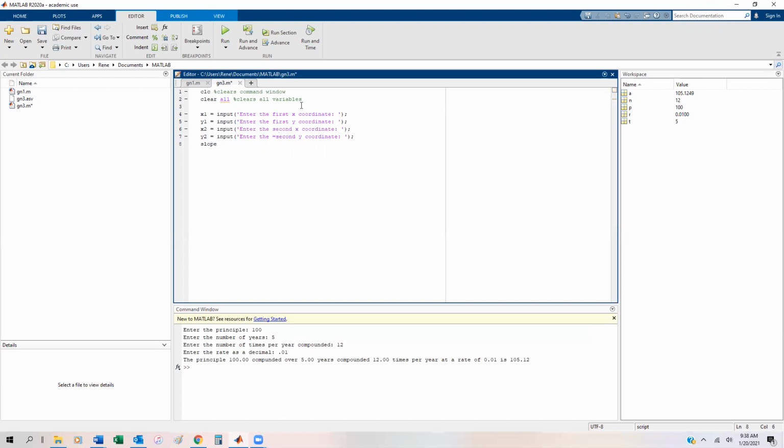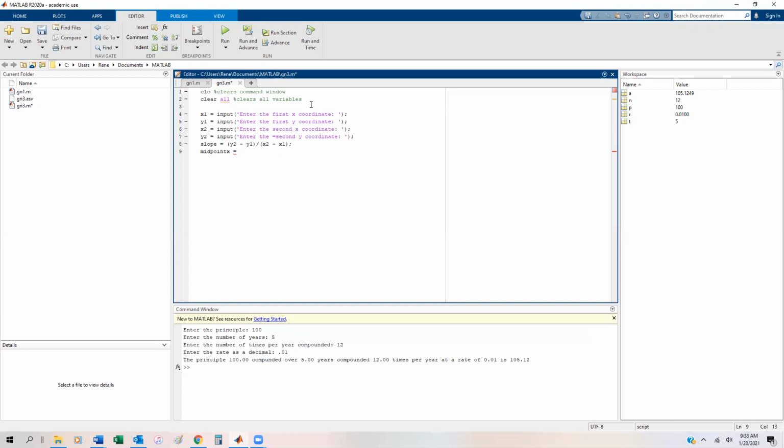We know the slope formula. It's going to be y2 minus y1 divided by quantity x2 minus x1. And we're going to suppress that. We know the midpoint formula. So I'm going to say midpoint x, because we have to do it in 2 different parts, right?